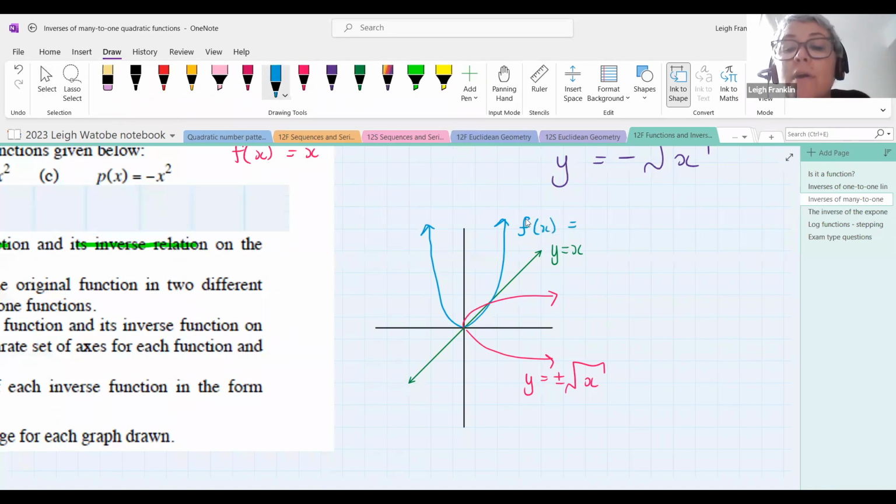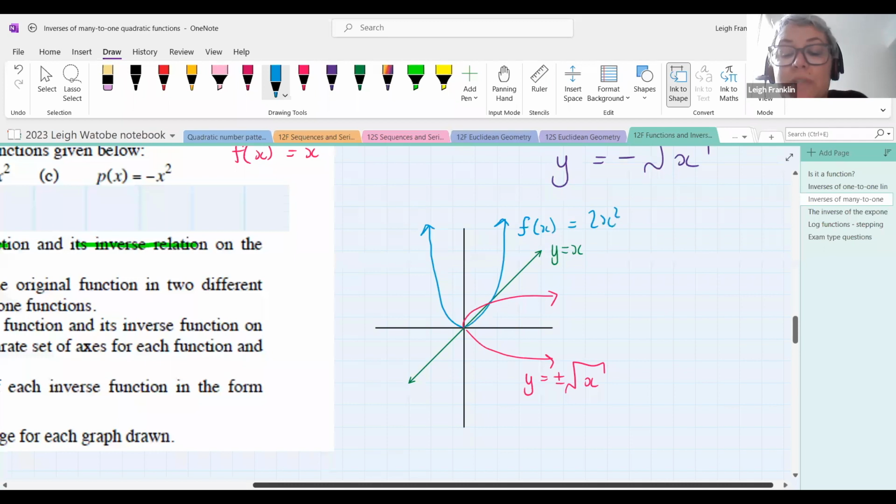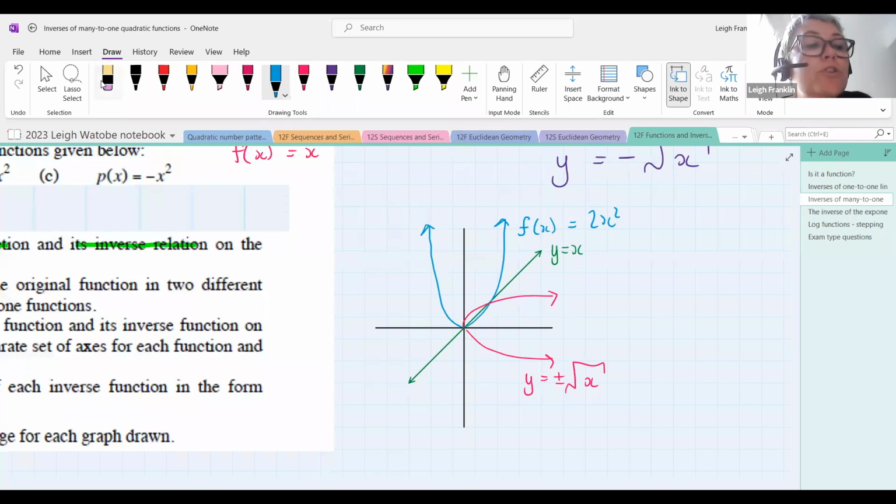Okay, I have made a small mistake here. Let's just fix it up. Now, Nolwazi, what I would have ended up doing to get my inverse is change my x and y around. So I'm going to end up with x equals 2y squared.